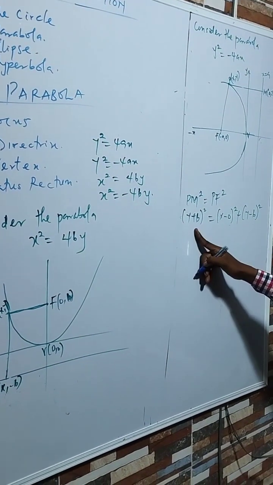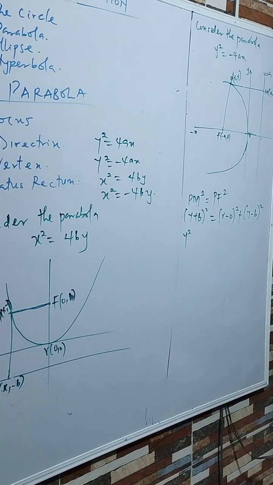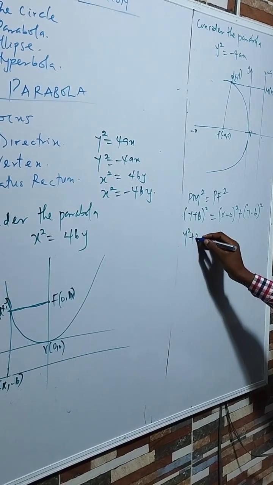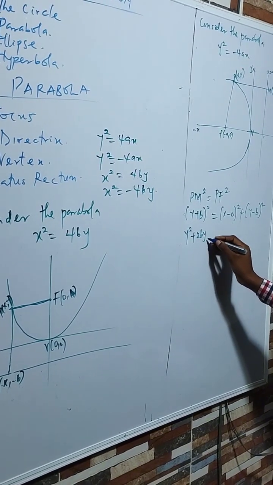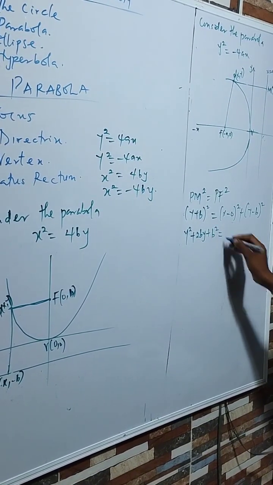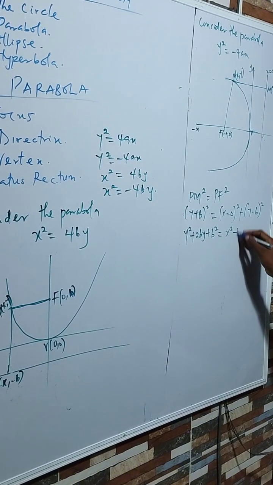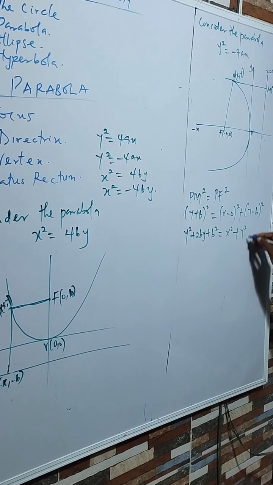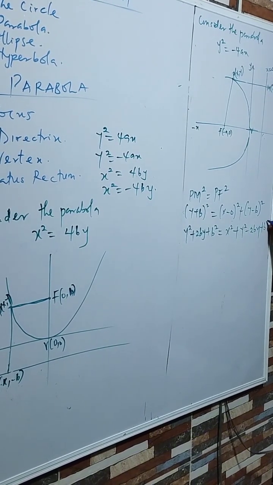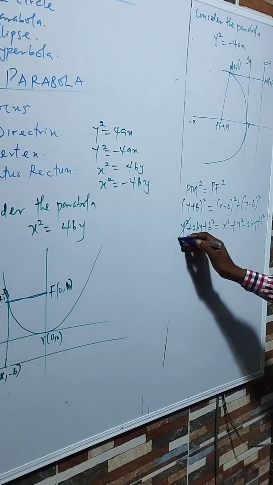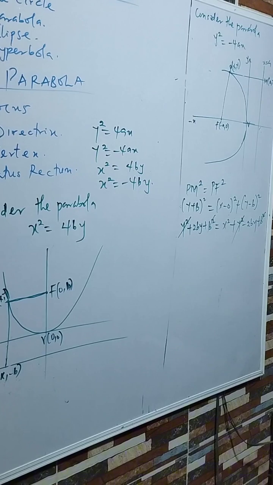If I expand this, I'm going to have y square plus 2by plus b square equals x square plus y square minus 2by plus b square. Y square cancels y square, b square cancels b square.